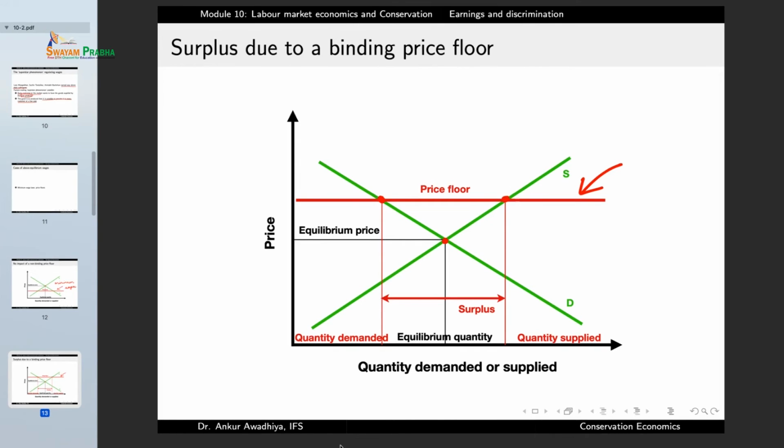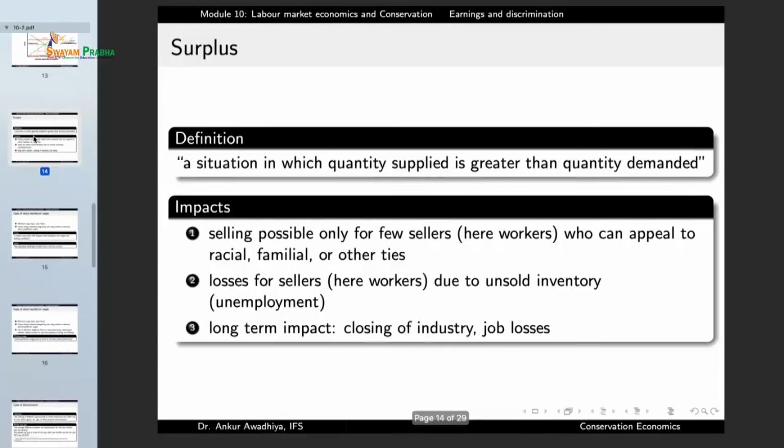And in that case, we will have a quantity demanded that is less and a quantity supplied that is more, and we will start to observe a surplus in the market. So, the actions of the government may tinker or modulate the results of the neoclassical theory of distribution. And in these cases, we can have a surplus, a situation in which the quantity supplied is greater than the quantity demanded.